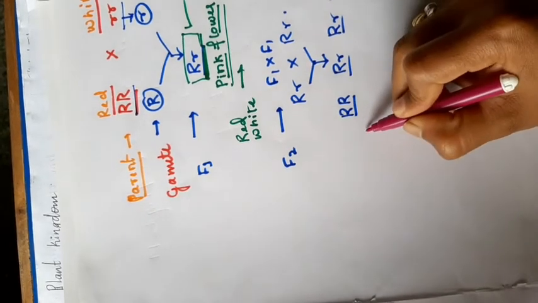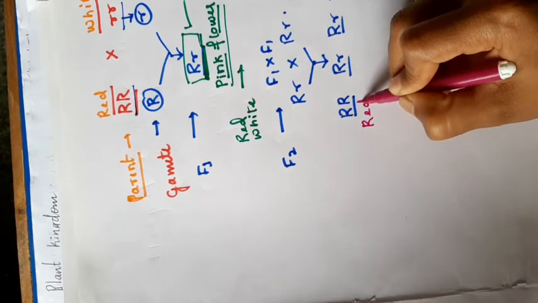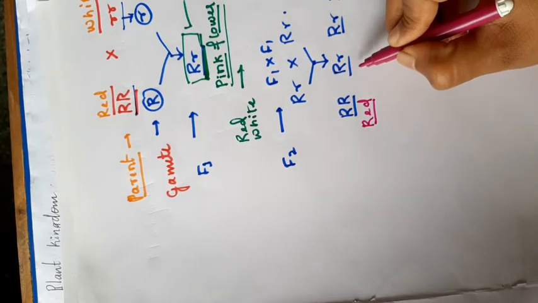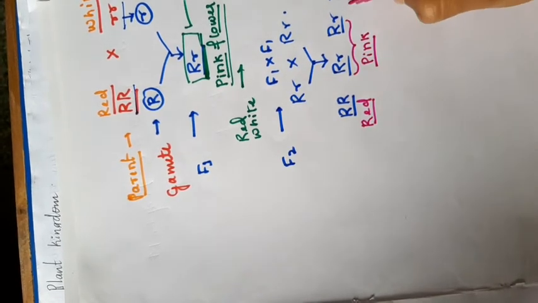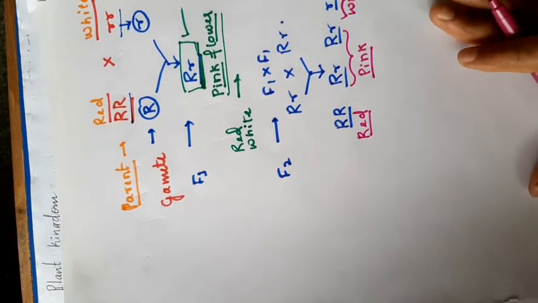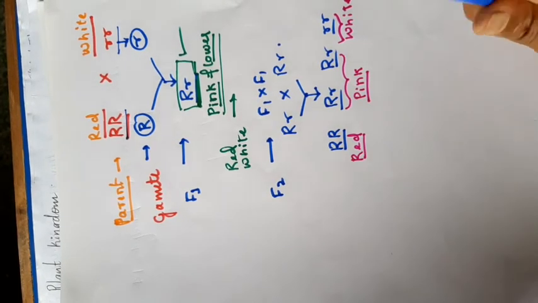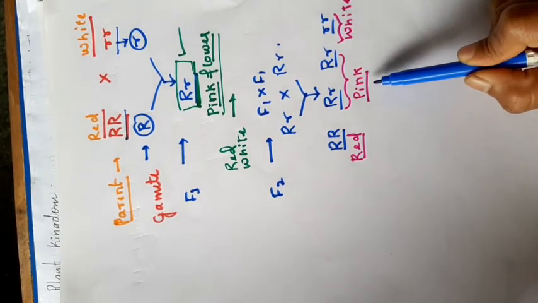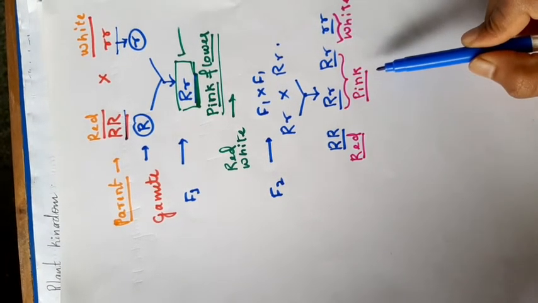One plant is the fully dominant homozygous red flower plant, then 2 are pink flowers, and the last one is white. Means here in the F2 generation, or the second filial generation, two plants have pink flowers.